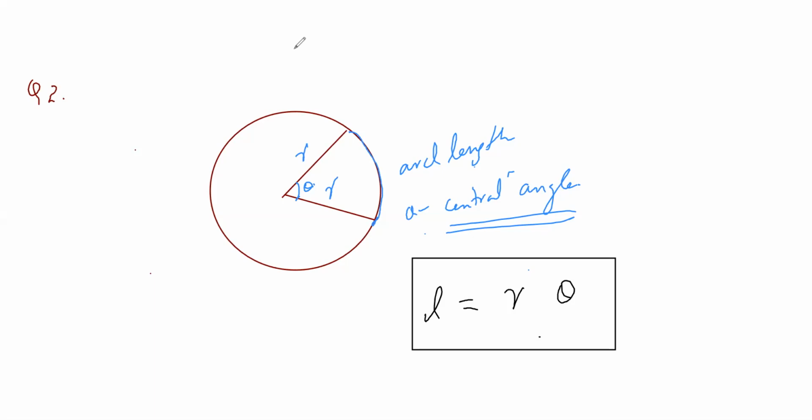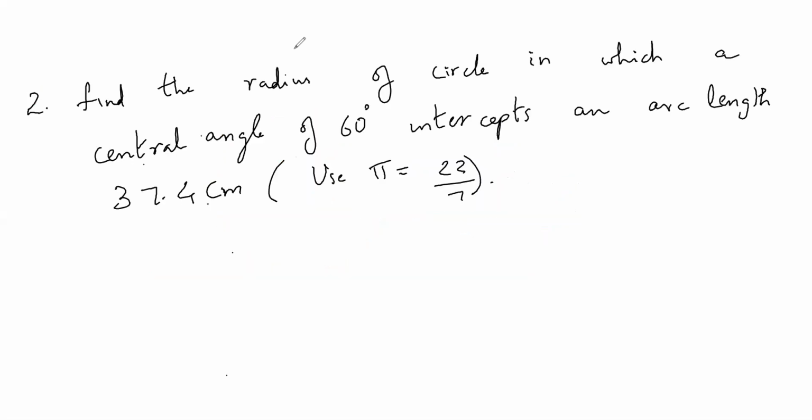Coming to our theta here. First, let me write down all the things. Solution: arc length is given as 37.4 centimeter. What about theta? 60°. I want to convert into radian.